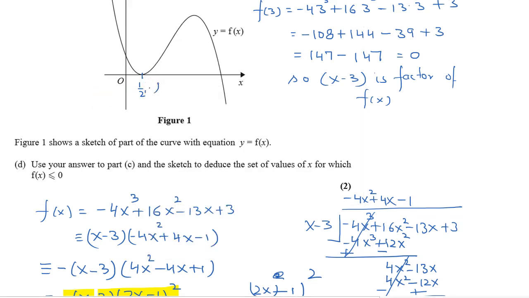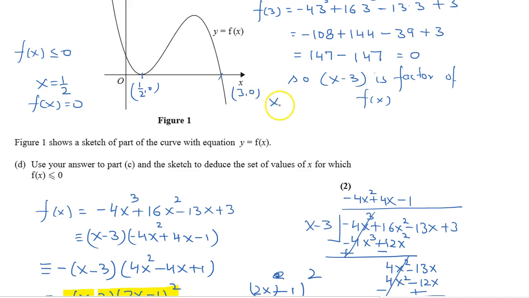So y is 0 here. So this one is x is 3 and y is 0. So f(x) means y is 0. So y is 0 here. So at x is equal to half, f(x) is 0.